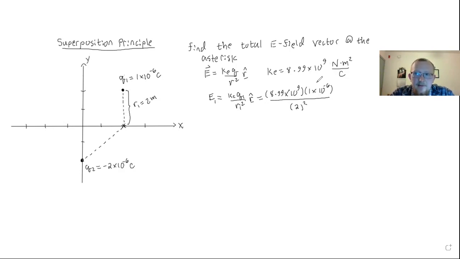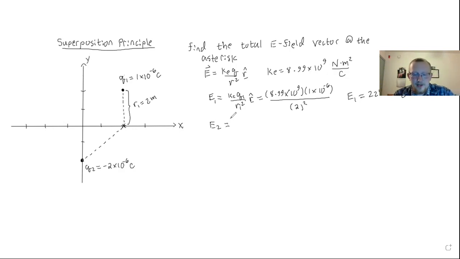If I end up making a mistake, it would be appreciated if you found it and shared it with me. So E1, the electric field strength caused by Q1 at this distance, is equal to 2,247.5 newtons per coulomb. All right, then we'll do E2.